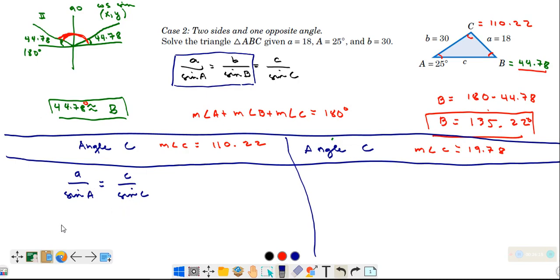Kailangan ba natin siyang ilagay sa sin A over A, sin C over C? Ang sagot po ay hindi. Bakit? Kasi ang nawawala ay nasa numerator na.